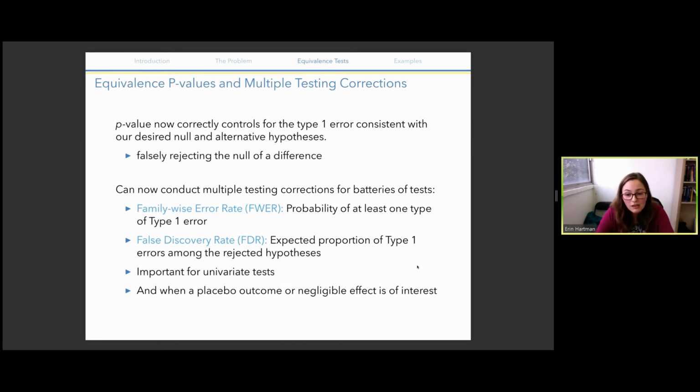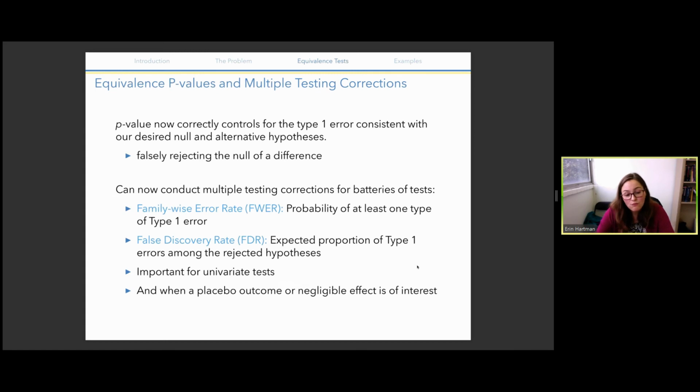And so now these equivalence tests can directly be applied using multiple testing corrections. So you can either look at the family-wise error rate, where we look at the probability that we've made at least one type 1 error, or false discovery rate, which will control for the proportion of errors, depending on which one is more important to you. You can use corrections for either type of error rate.